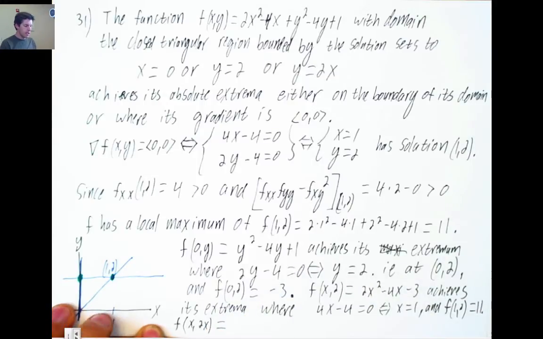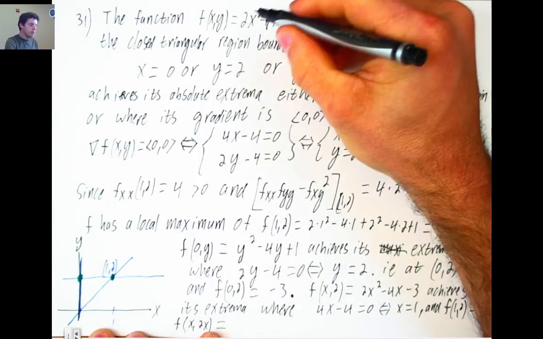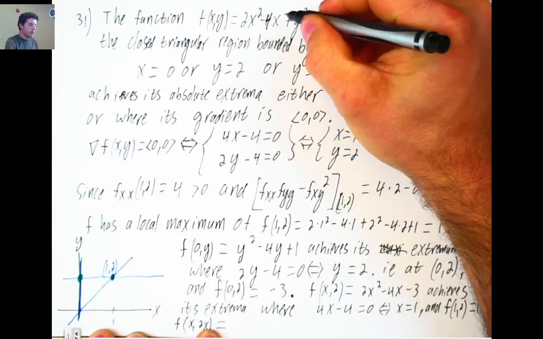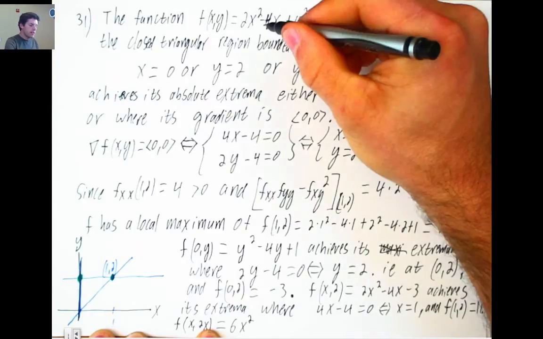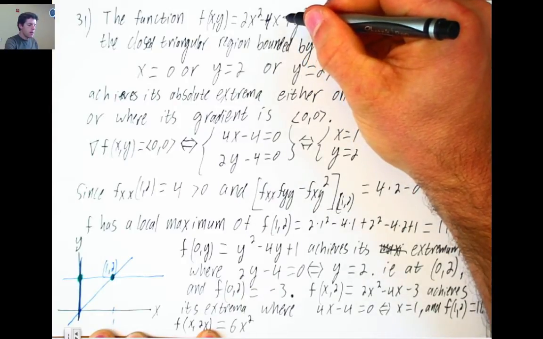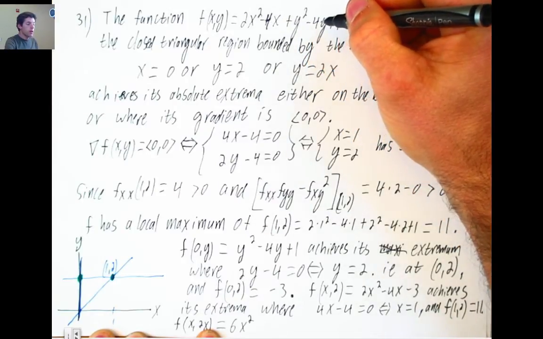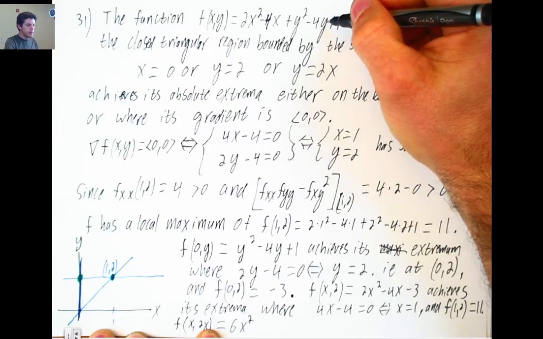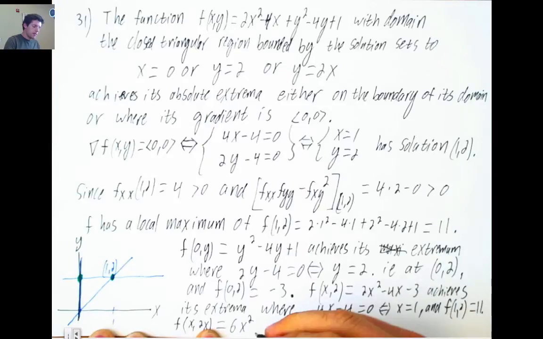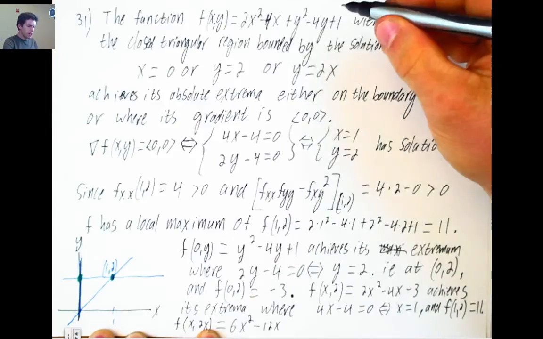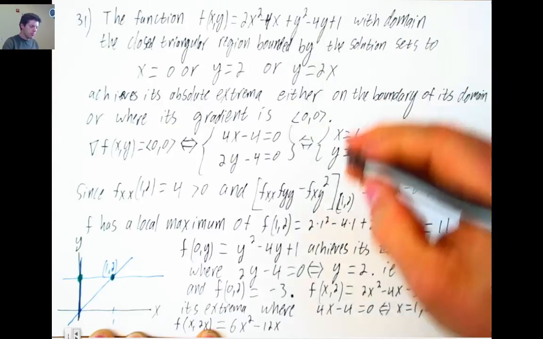We'll have 2x squared, and over here 4x squared, so that's 6x squared in total, and minus 4x minus 4 times 2x, so minus 4x minus 8x, that is minus 12x, and then we have our plus 1 term.